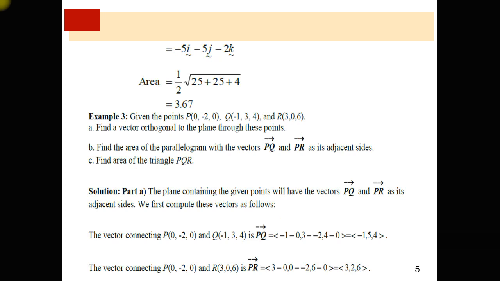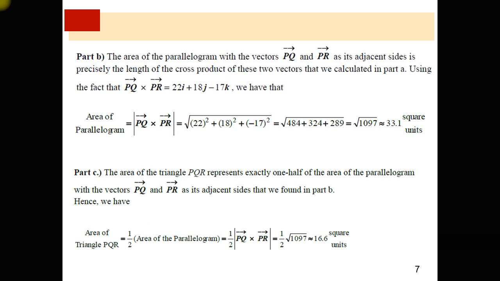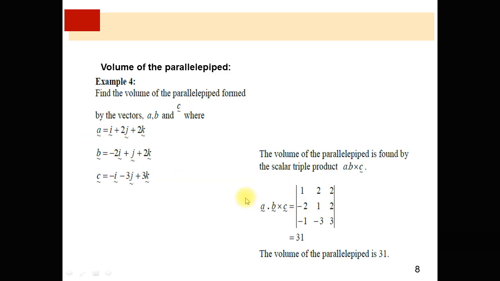And the volume of the parallelepiped is determined by the scalar triple product. So this is the application of the scalar triple product. And the volume of the tetrahedron is A dot B cross C divided by 6, and the volume of the parallelepiped is given by A dot B cross C, which can be found by using a simple determinant.